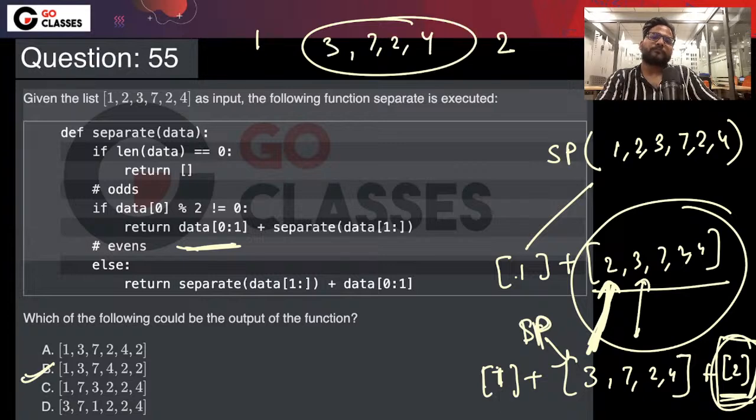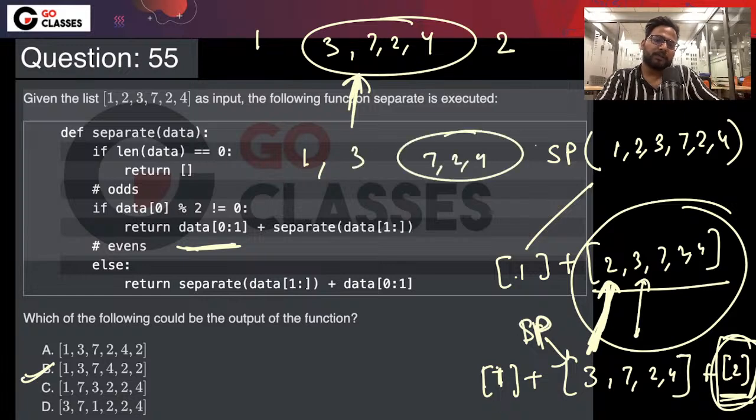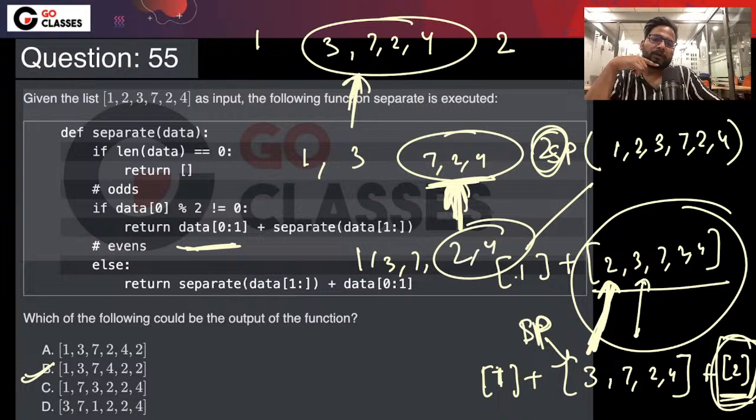Now for 3 7 2 4, what will the answer be? If it is odd, you won't do anything. So 1 3 and then 7 2 4, and then 2 will be at the end. Now the recursive call is on 7 2 4. If it is odd, you are not doing anything, so 1 3 7, and then on 2 4 you will be calling, and 2 is at the end.